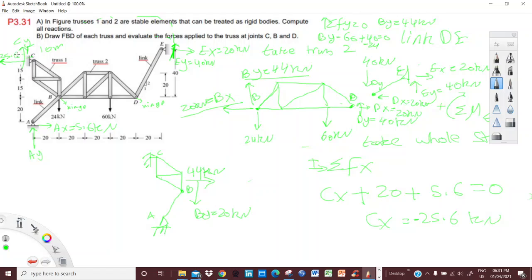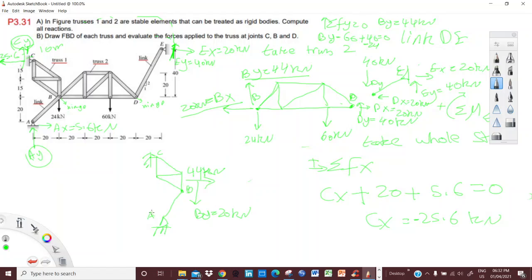Okay, and now we are left with Cy and Ay. How to find Cy and Ay? Can we find the summation of Fy? Actually, we couldn't. We really need to split the structure as we did.